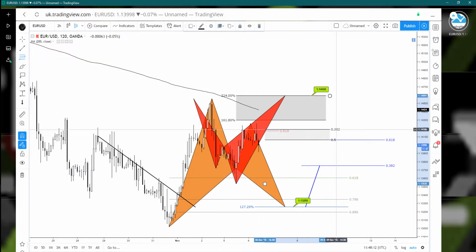So we have this resistance here, the one that we are now rejecting to trade above. So this resistance level synced with the 38% retracement.